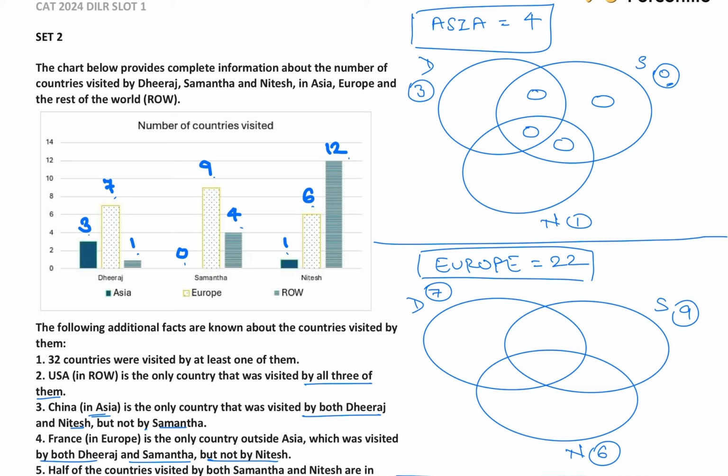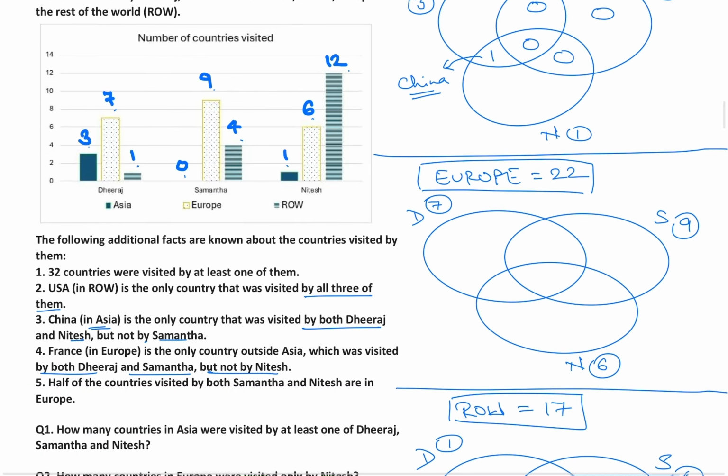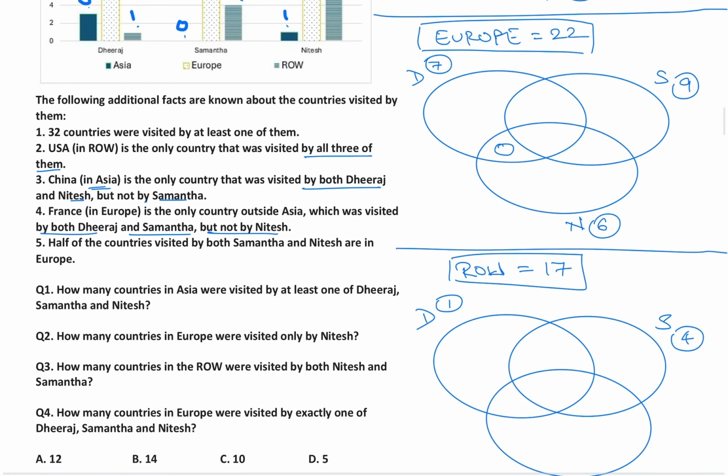Okay. So visited by both Dheeraj and Nitesh and not Samantha is this one. This country is China. Okay. And this is the only country visited by both of them and not Samantha. So similarly, this will be 0 and this will be 0.